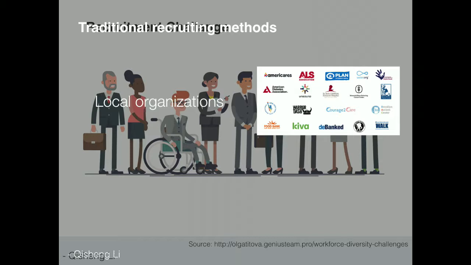Therefore, some researchers turn to low-cost online labor markets such as Amazon Mechanical Turk. But still, the population on MTurk is not diverse enough, and people often struggle to find tasks that match their abilities.